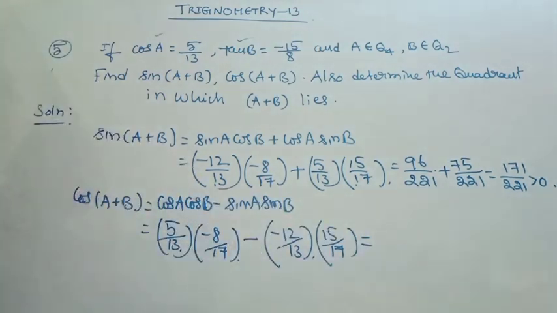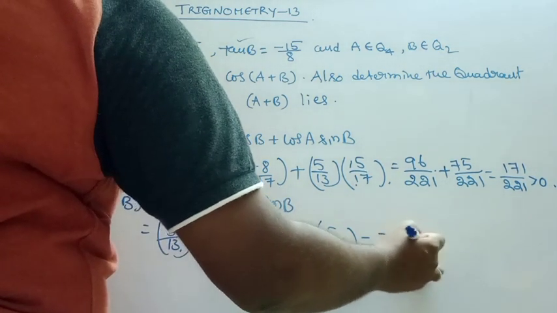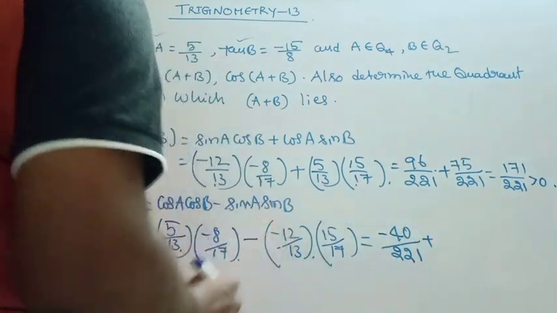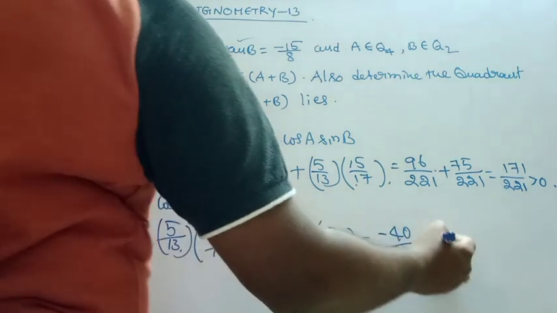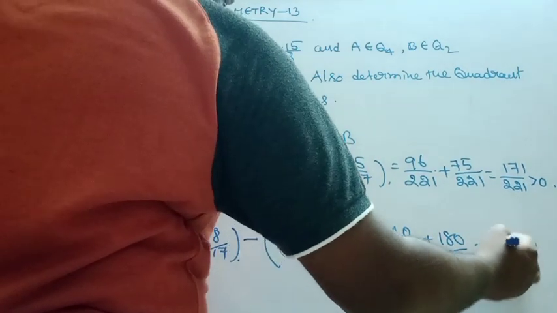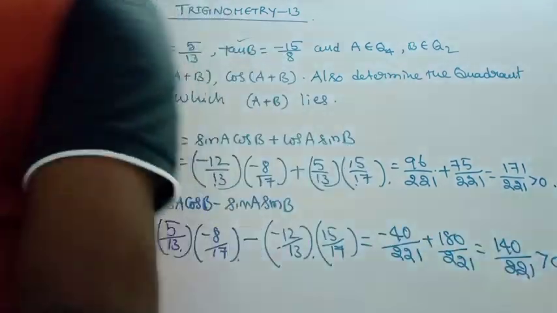If you simplify, you get minus 40 by 221 plus 12 into 15, which is 180, by 221. This becomes 140 by 221, which is positive.